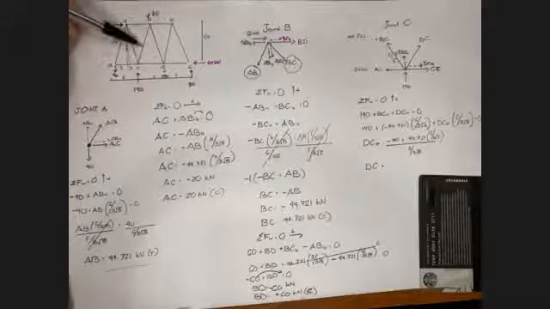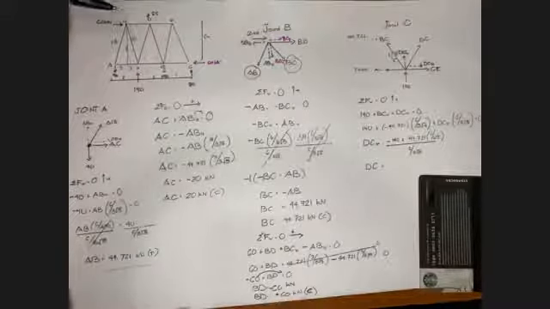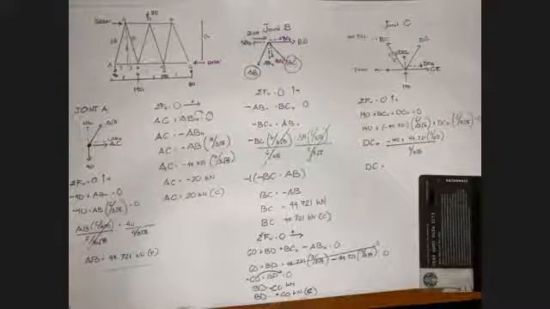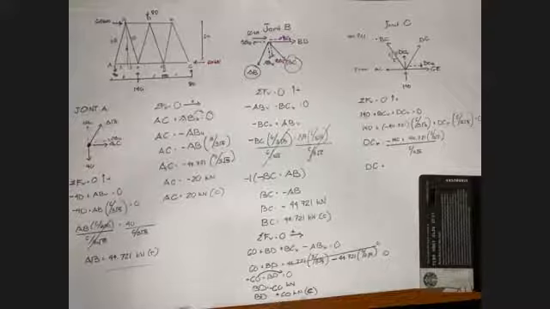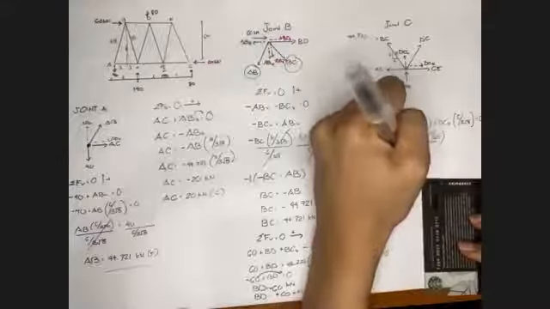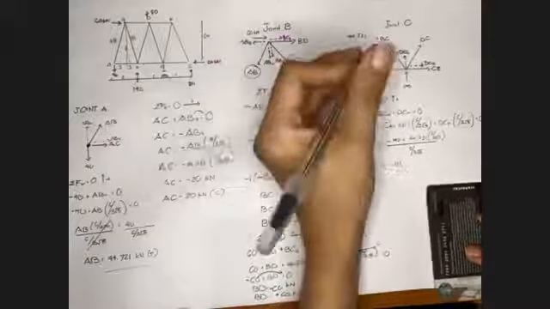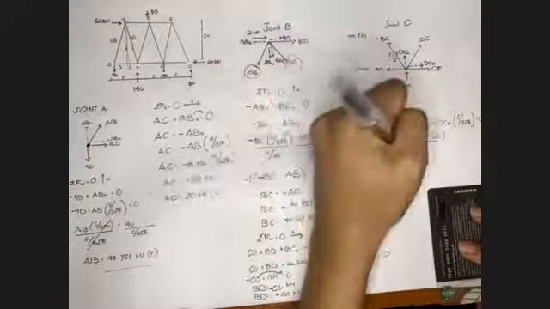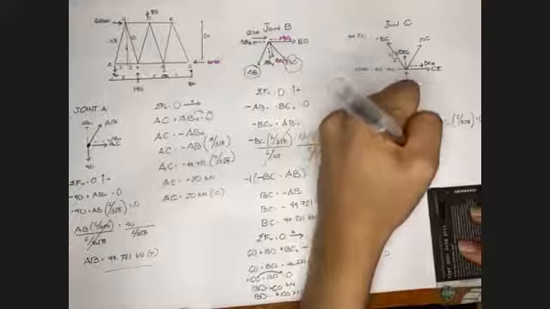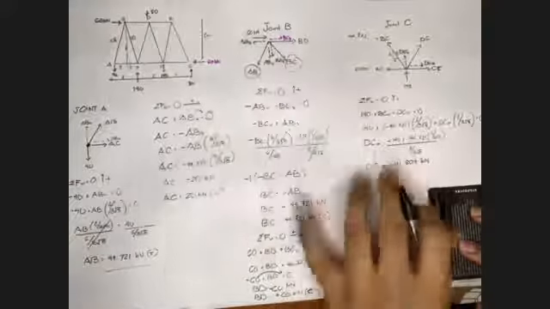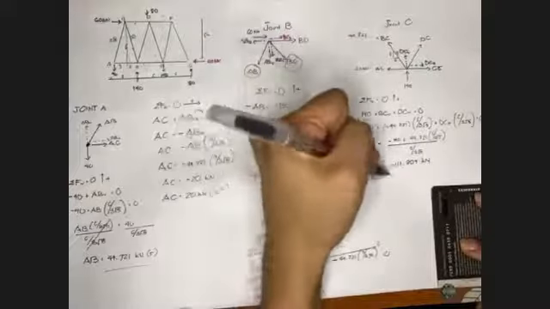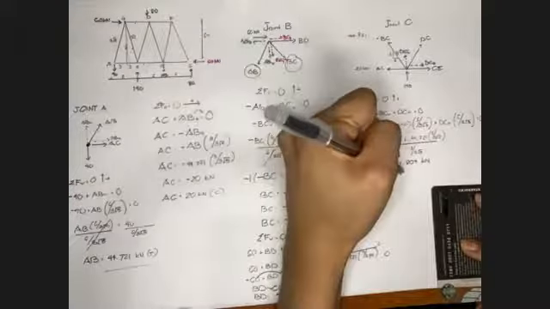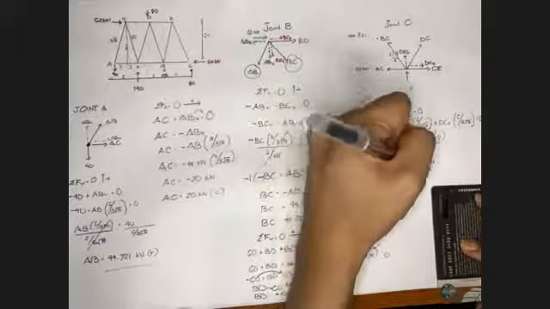So this, we missed. Okay, so let's just get the value. What is the value of DC? Mine is negative 111.804 kilonewton. Okay, so that means DC now should be 111.804 kilonewton in compression.